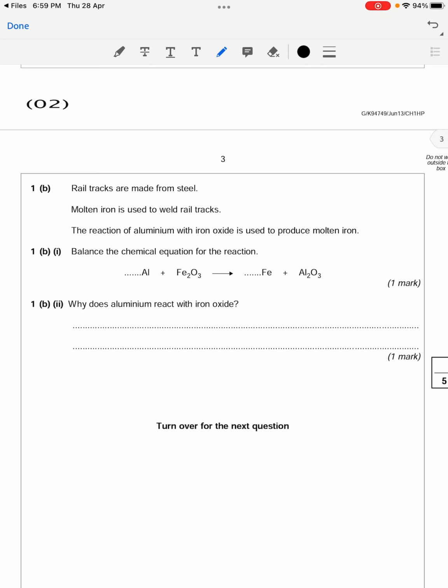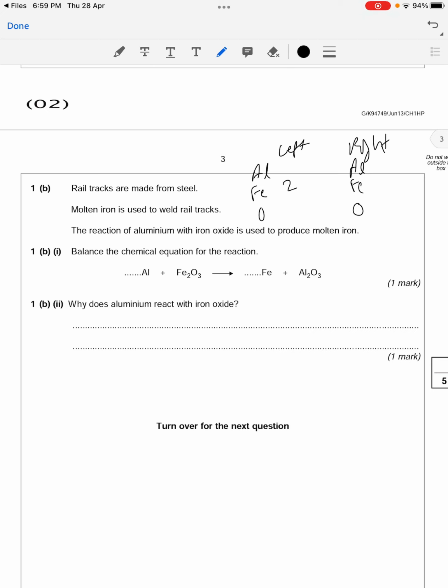What I like to do is to compare the left hand side as well as the right hand side. On the left hand side of the equation we have aluminium, iron and oxygen. Actually, we can scratch that idea out, but I'm basically comparing how many aluminium atoms there are.